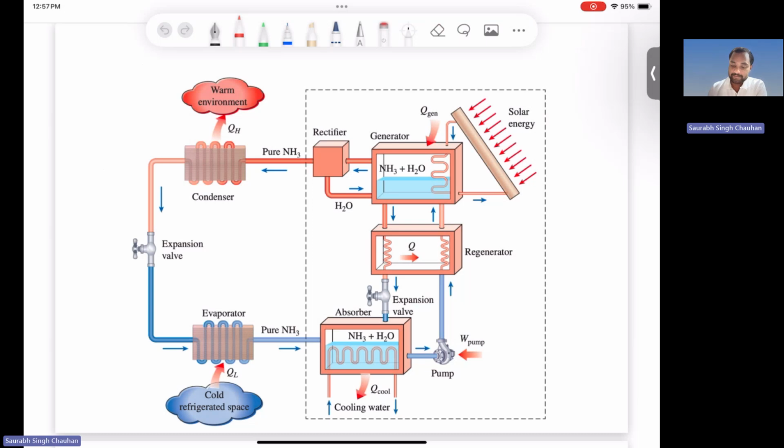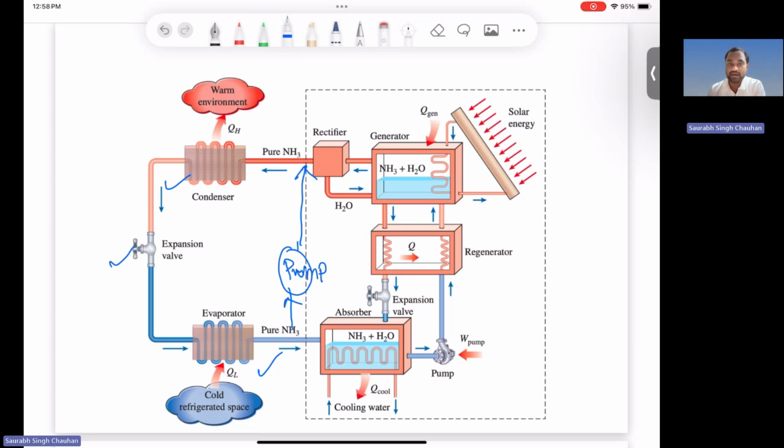In a simple refrigeration system, what do you have? You have one condenser, then an expansion valve or capillary tube, then an evaporator. Then you have a pump.